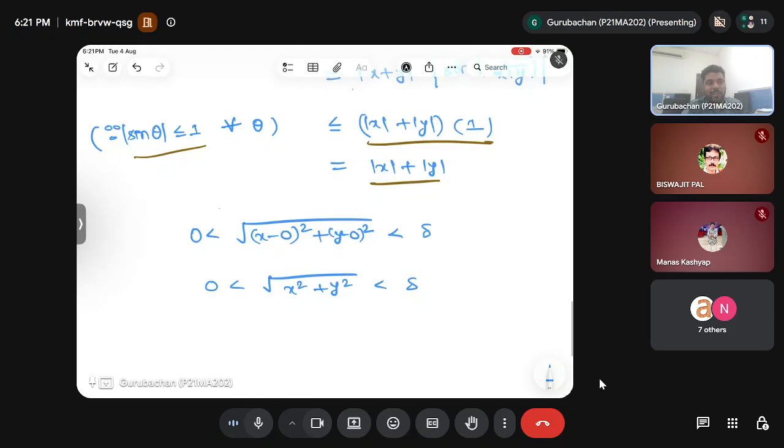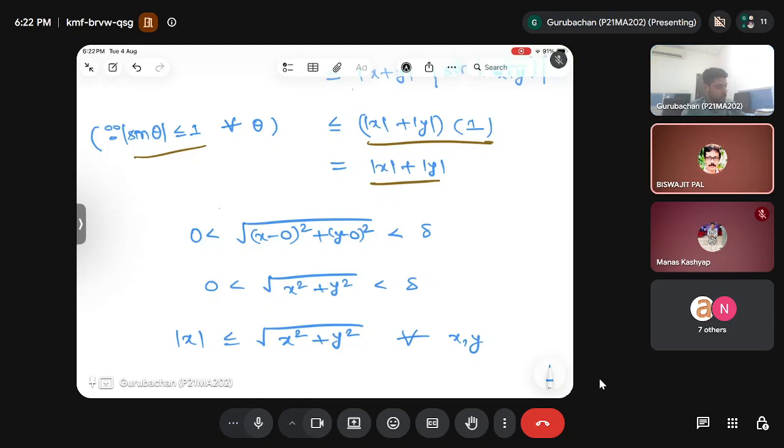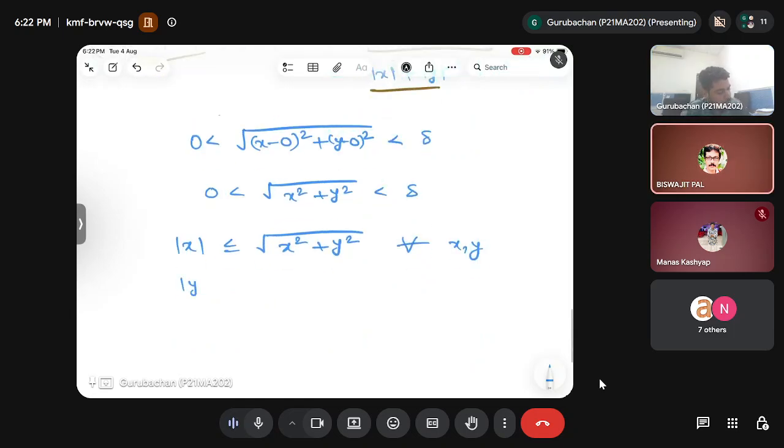Now can I say that mod of x is less than or equal to under root of x square plus y square, for all x, y? Yes. Similarly, mod of y is less than or equal to under root of x square plus y square for all x, y.